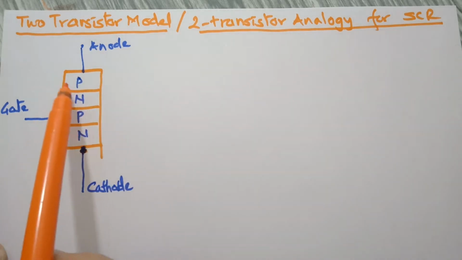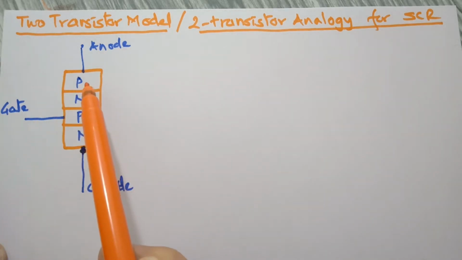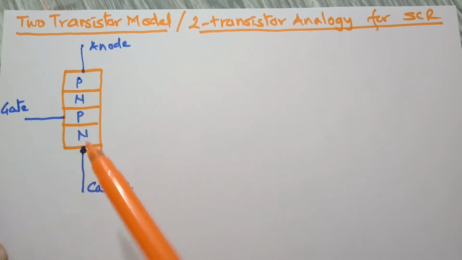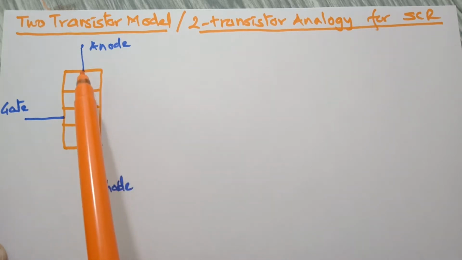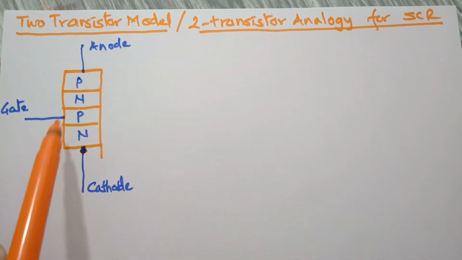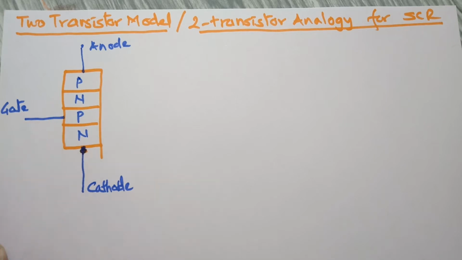You know that SCR has four regions P, N, P, N. It has three junctions and three terminals. This is anode, this is cathode, and the P region close to cathode is gate.